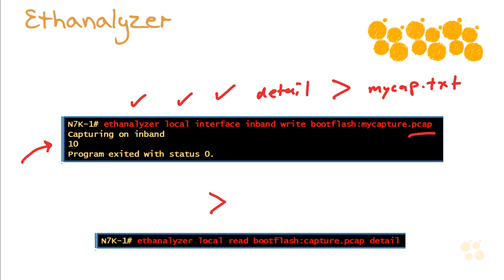Oh, and by the way, if you did want to take one of your captures, here we've created one called capture.pcap earlier, for example, and read it locally, display it at the CLI, you could. We're just going to say read, that read command. We're going to specify the particular file. And then if we wanted to get the details of those captured packets, we would say detail.